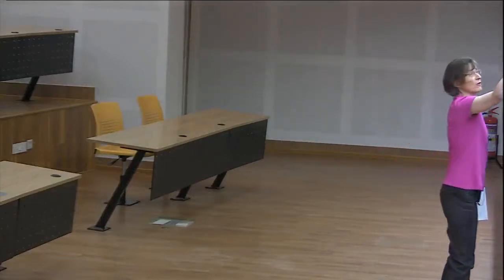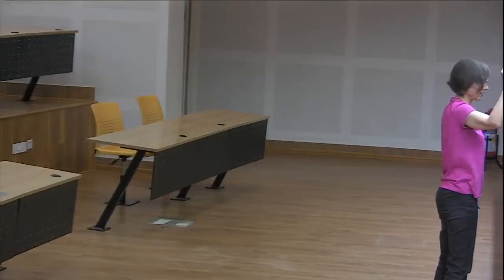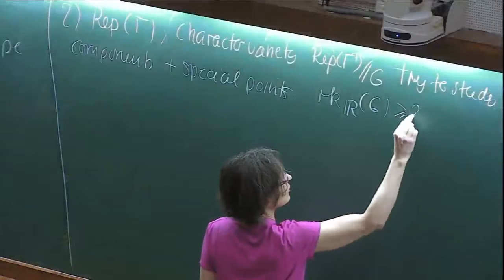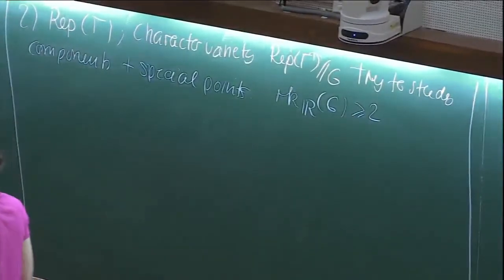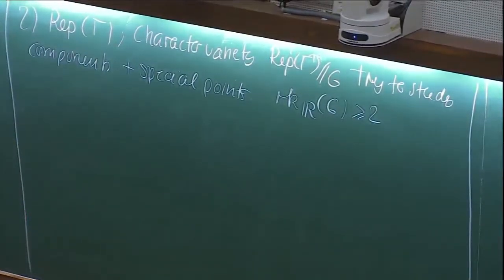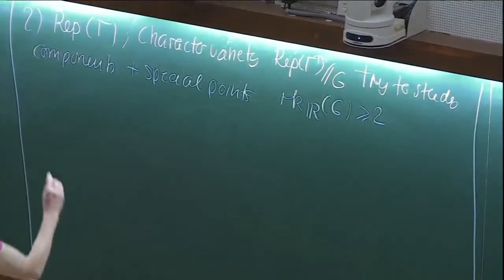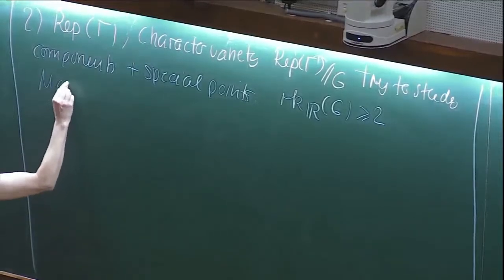Now for me, I want to restrict to the case that the real rank of G is bigger or equal to 2. Then we know that suitable number fields are associated to lattices in G. So here's Margulis' theorem.